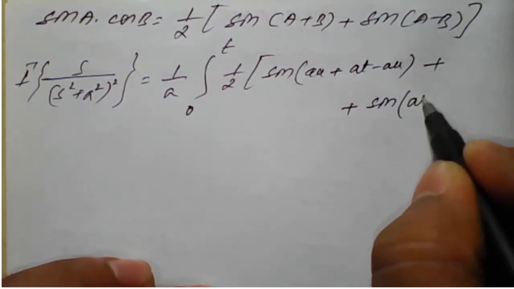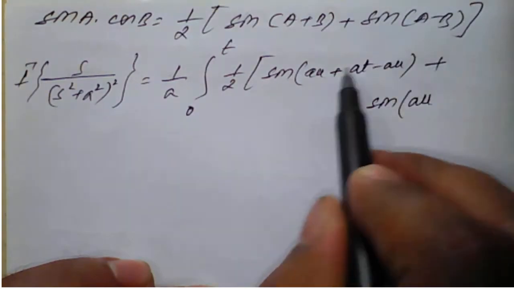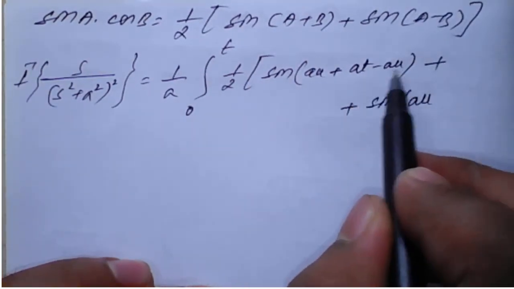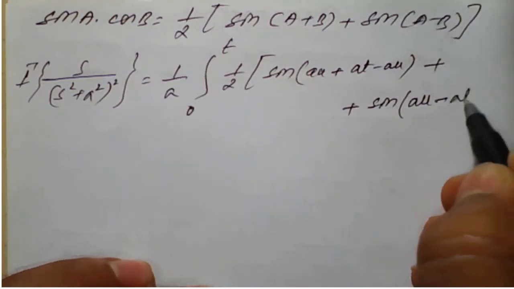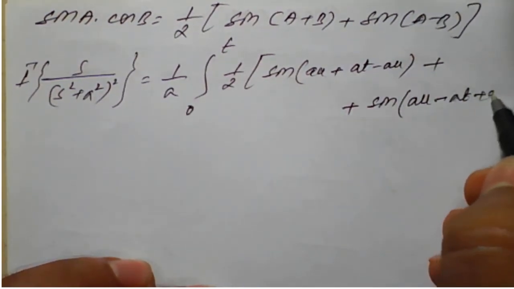Here a is au minus b, but b value is at minus au, so the minus sign is there, and this will become minus at plus au.